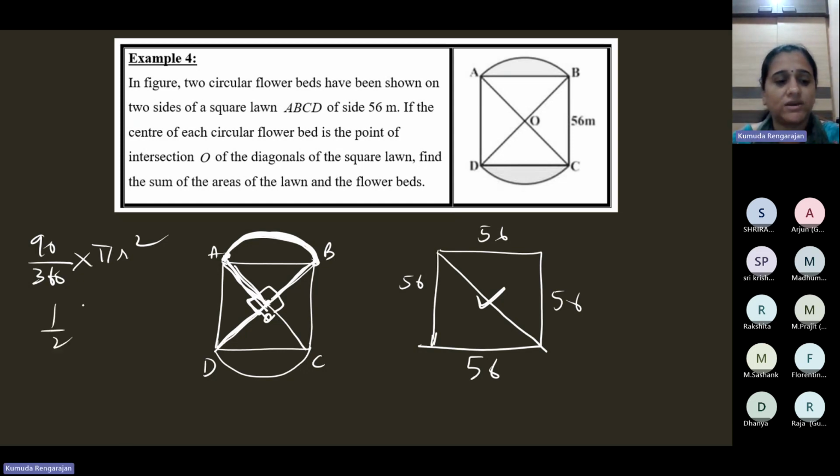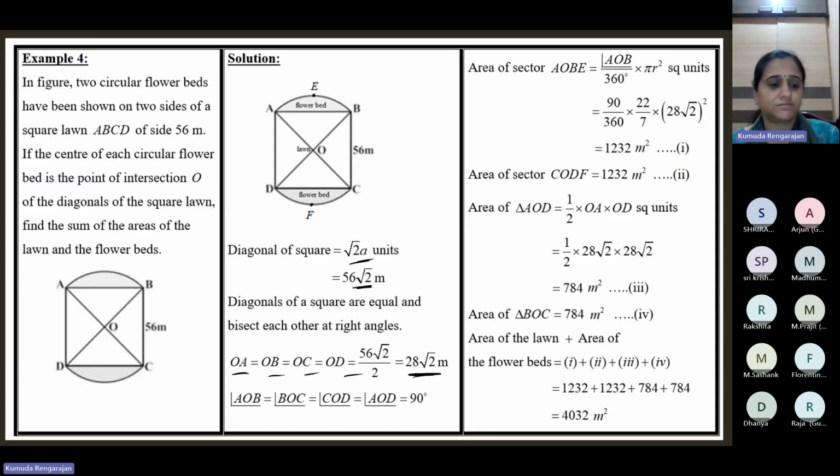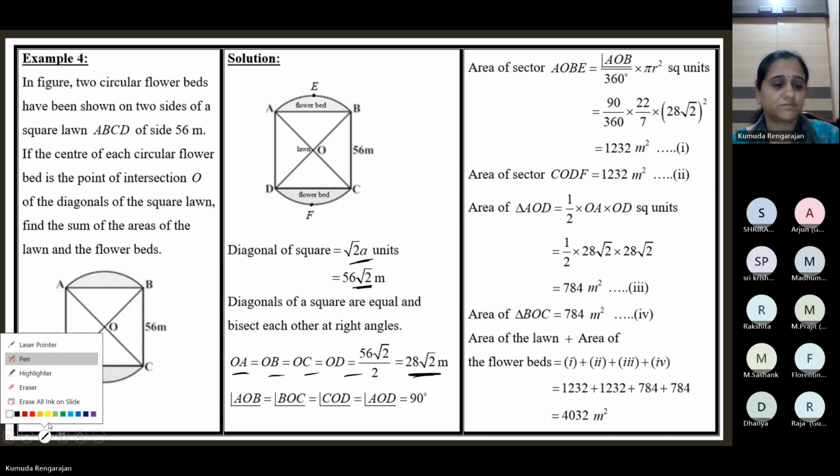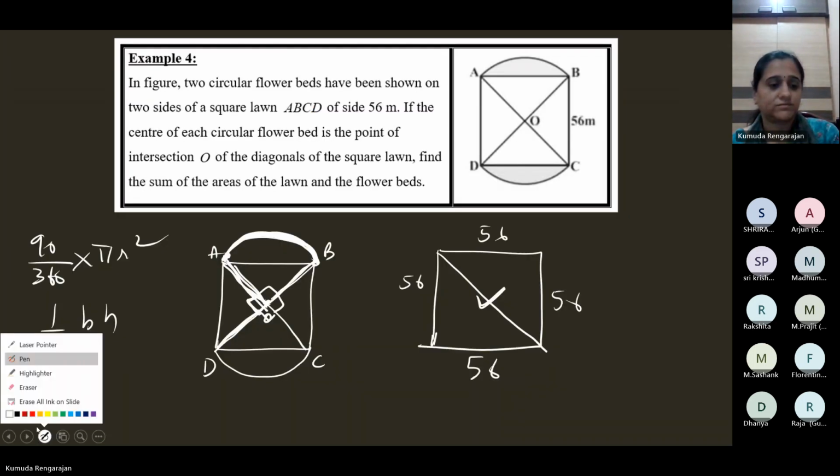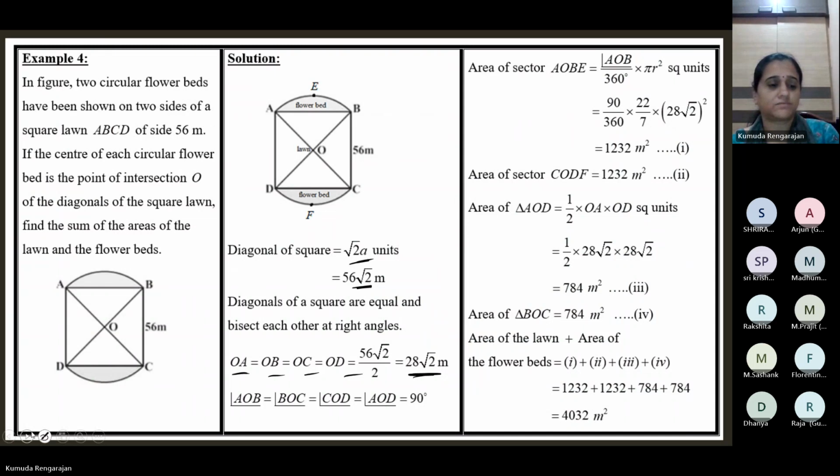And then half base into height. See here, finding the area of the sector AOB: 90 by 360 into pi r square.